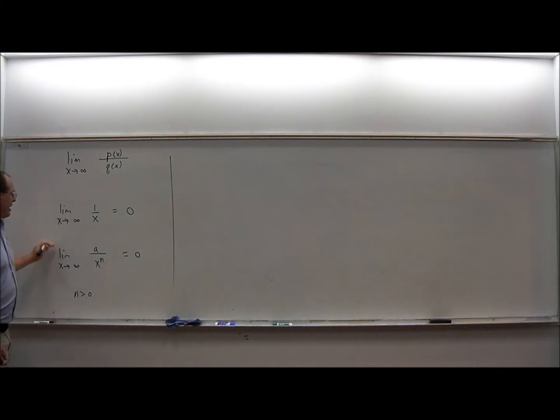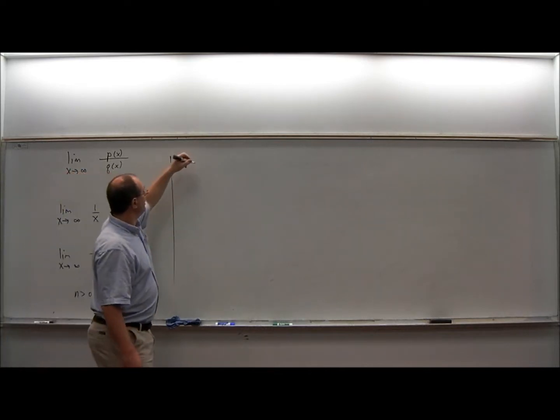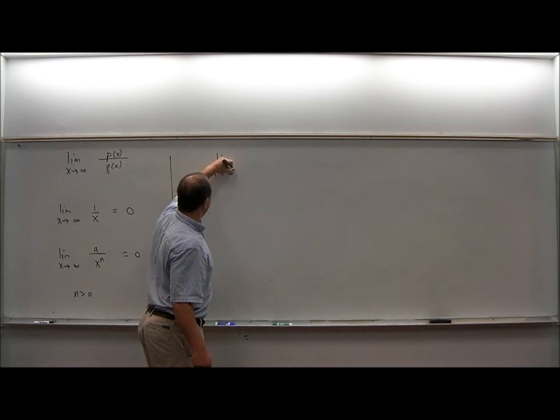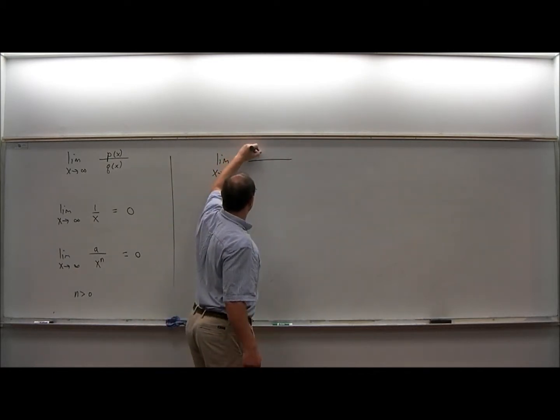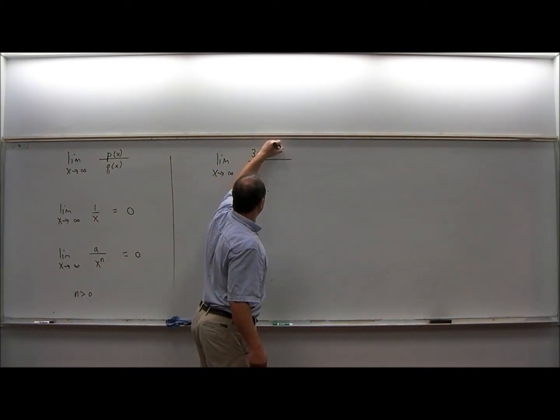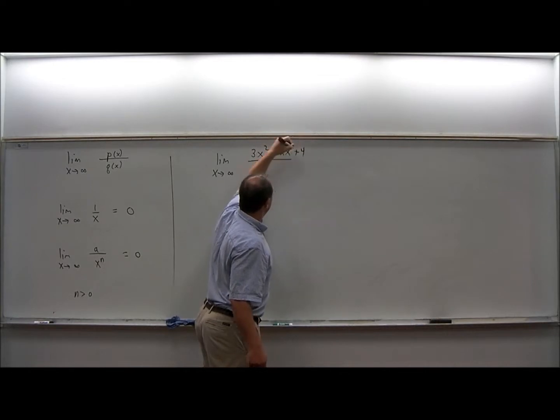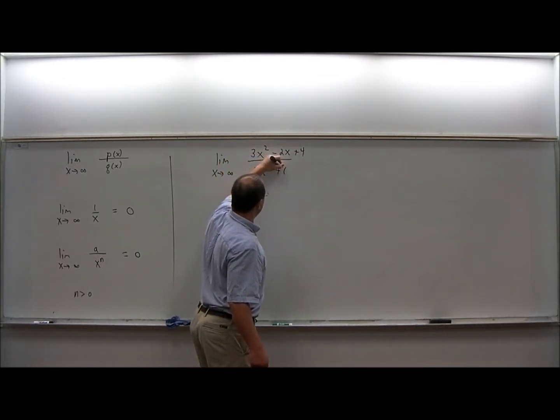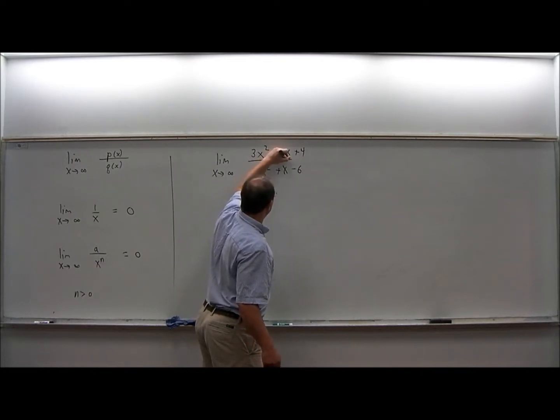So these limits play an important role in the technique for finding general limits of rational functions. As an example, let's look at the limit as x goes to infinity of 3x squared minus 2x plus 4 divided by 5x squared plus x minus 6.